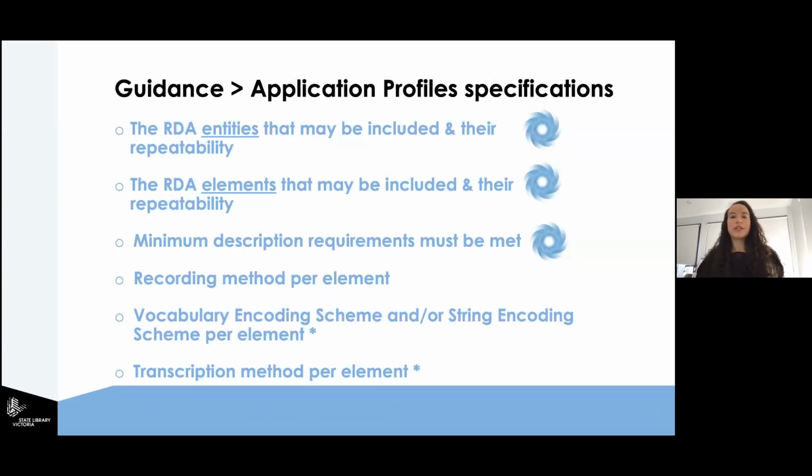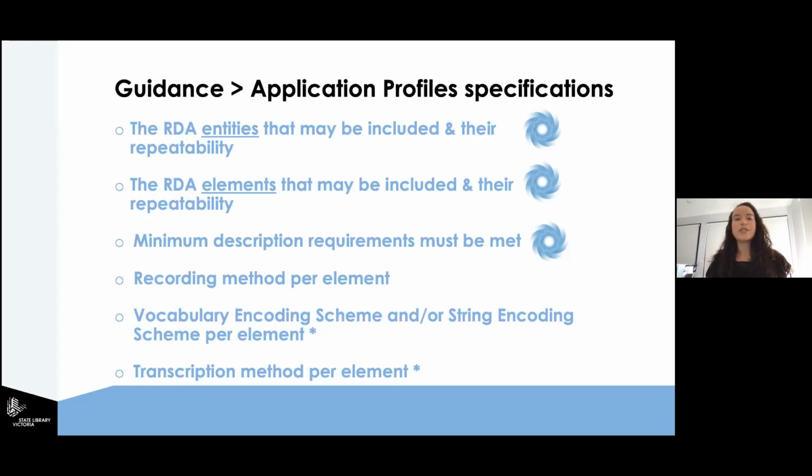So here are just the basics. On the application profile page that's in the guidance section, there's a whole set of paragraphs that describe and define what an application profile is. And this is just a little dot point summary of those points. So an application profile specifies the RDA entities that may be included and their repeatability, right?